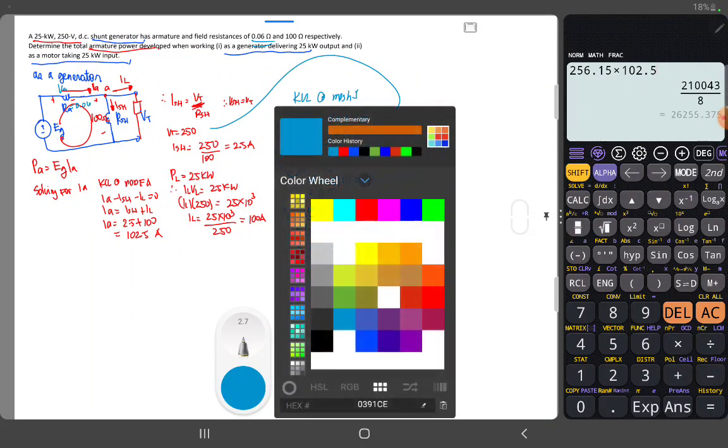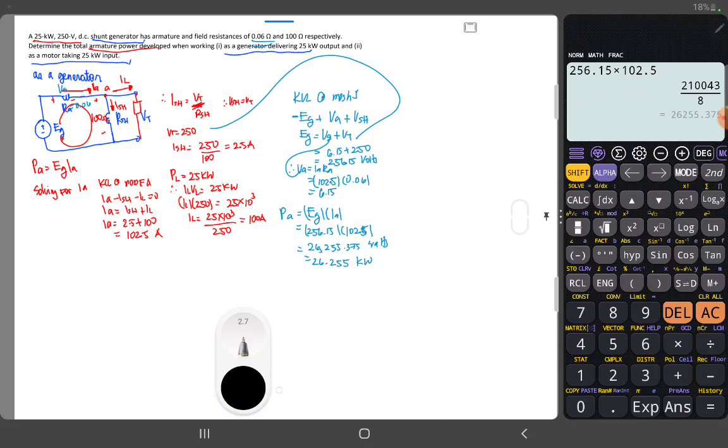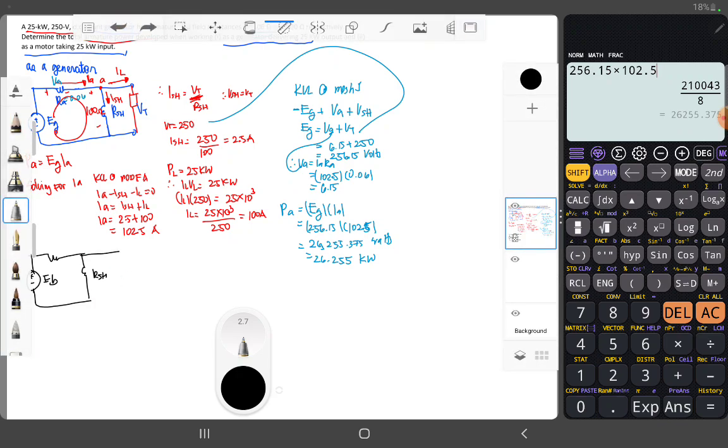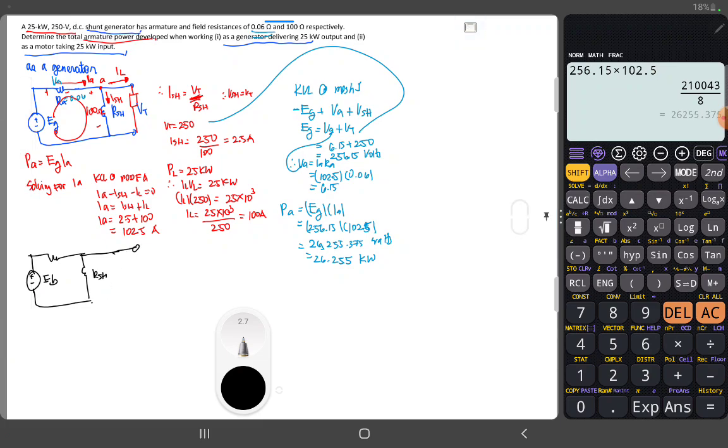Okay, next is when the machine is acting as a motor. So you have the same diagram, with your EB, your RSH, and then of course we have our terminal voltage. In this case we will supply power to the motor in order for the motor to generate mechanical power.